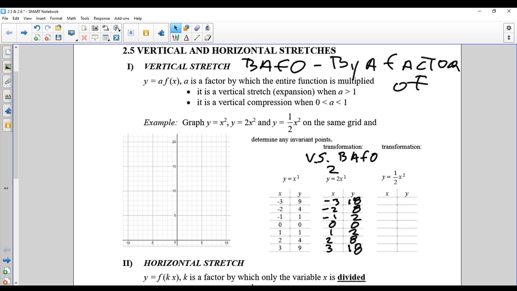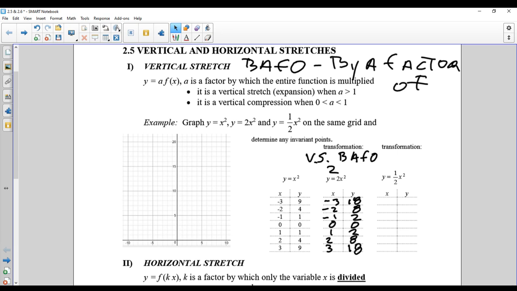Does it eliminate the negative? The negative is still there? No, it's positive 18. You're just multiplying each of the y values by 2. Because remember, you're squaring the minus, which makes it become positive. Then you're multiplying by 2.